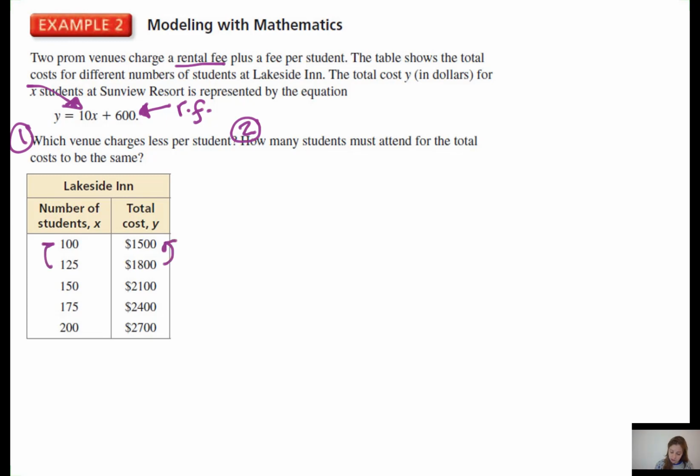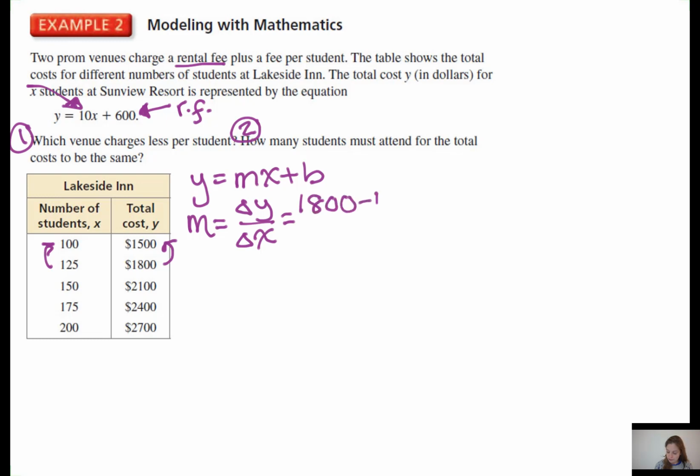For the equation, my goal is to get it in y equals mx plus b form. To find the slope, I'll take the change in y over the change in x. I can use any 2 pairs of points from this table. I choose the first two, so I have 18,000 minus 15,000 over 125 minus 100.